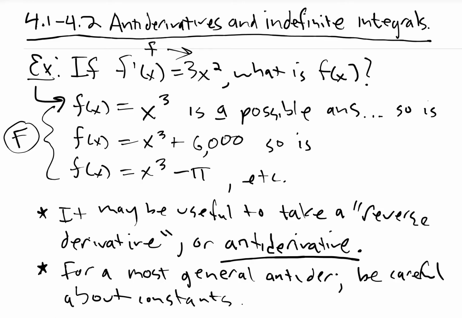Do the derivatives of all of these things look like this guy? Well, sure, right? When you derive, the constants fall off the end, and you're going to get the function 3x squared. So sure, that makes sense in context of being an antiderivative, right?